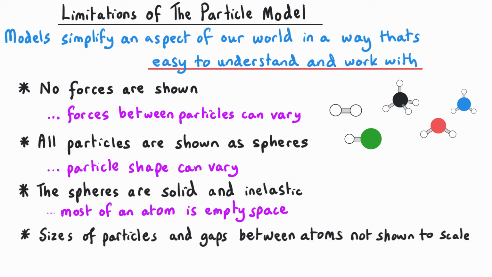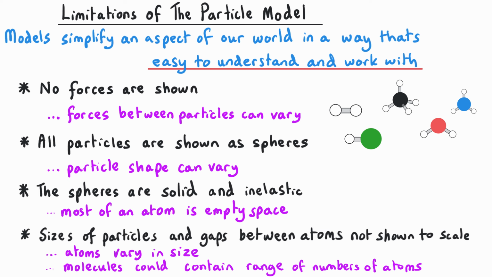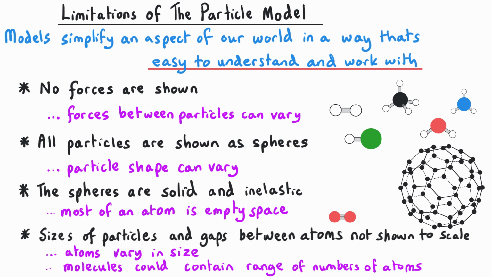And finally, the sizes of the particles and the gaps between atoms are not shown to scale. We know that atoms can vary in size and that molecules can contain a range of different numbers of atoms, from 2 in a diatomic molecule like oxygen to 60 in C60 Buckminster fullerene, or even thousands and millions in a polymer. And so this is definitely another big limitation of the particle model.